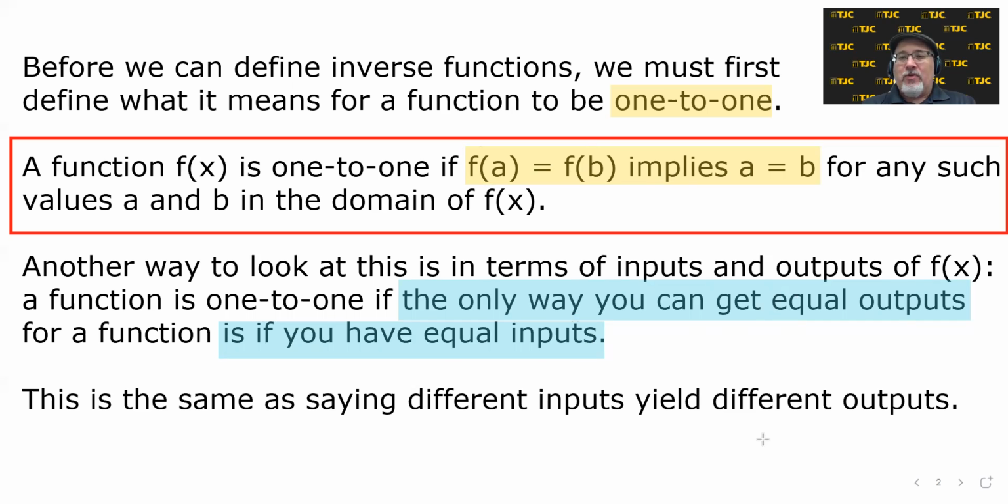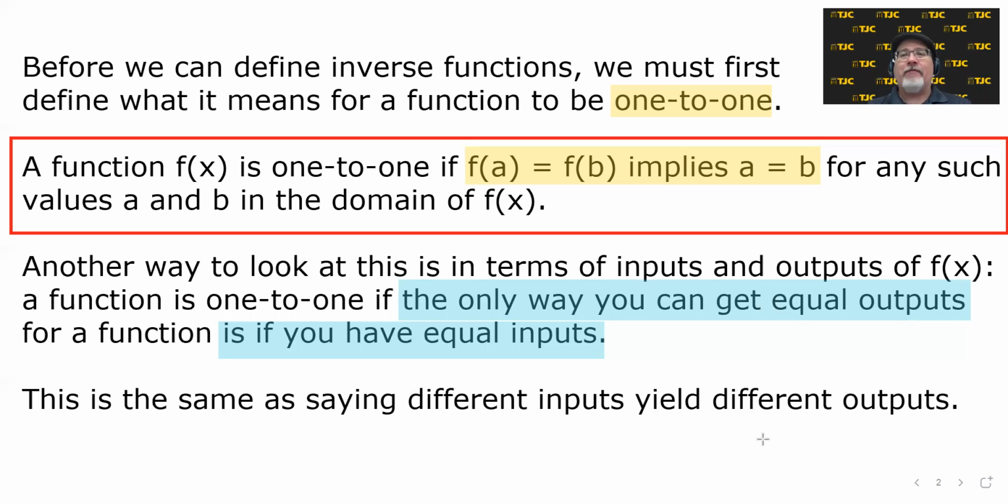Because if your outputs were equal, then your inputs would be equal. So there's a few ways to think about being one-to-one, but the phrase one-to-one means one x for every one y and vice versa. Recall that some functions, you can put different numbers in and get the same numbers out.